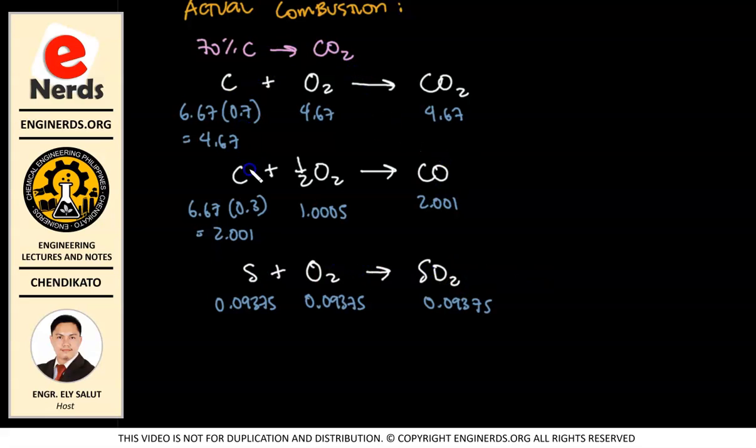We have all of the oxygen used here in actual combustion, so we can relate that with our theoretical O2. And we have to remember that on this problem, the O2 is less than the theoretical O2, because the air supplied here is less than the theoretical air. But we haven't considered hydrogen yet, so we don't know how much hydrogen has been consumed.